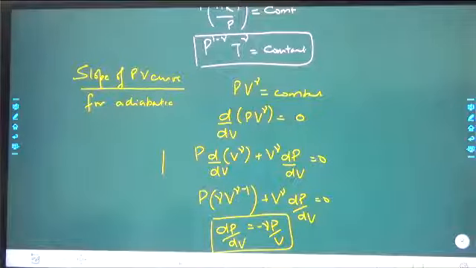As gamma is greater than 1, therefore the slope of the adiabatic process is always more than the slope of the isothermal process.